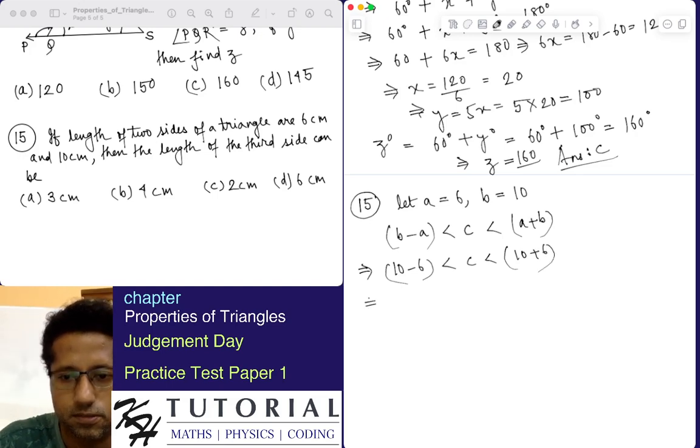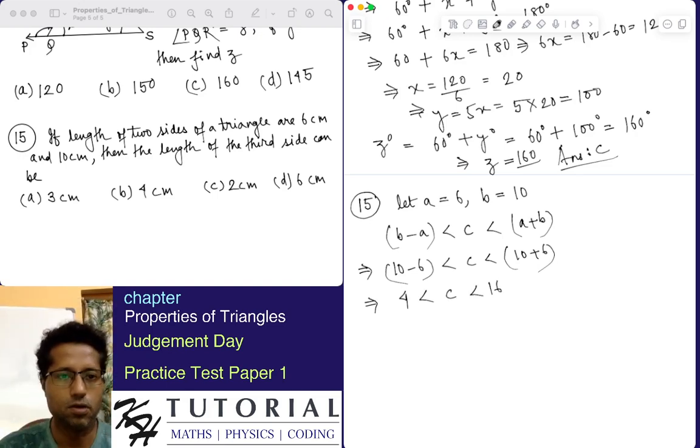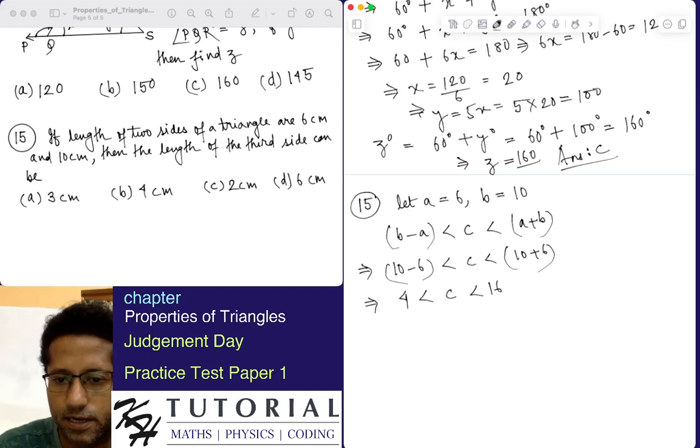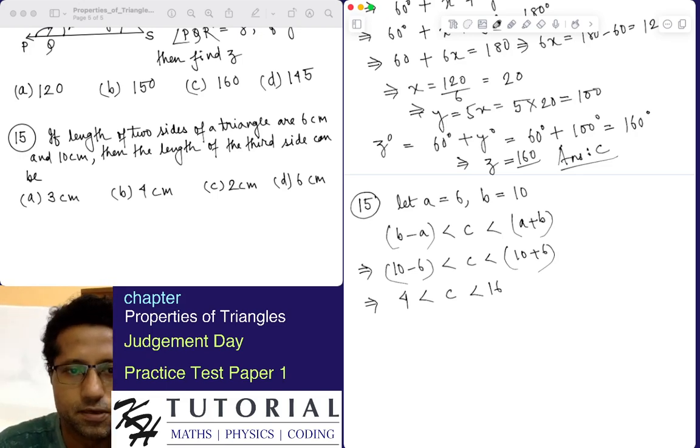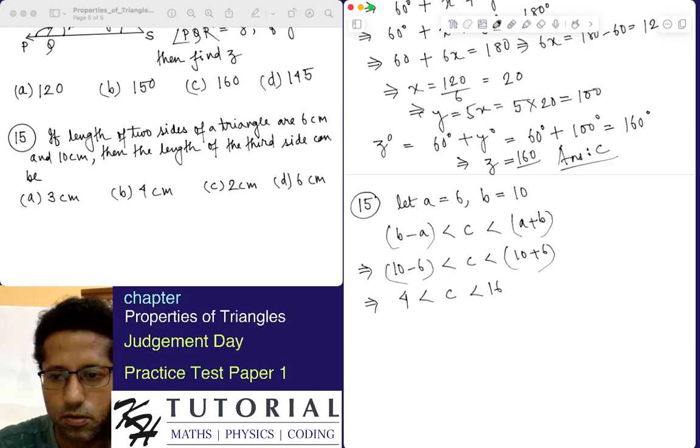So C is greater than 4 and less than 16. Now we have to check which value among the choices we can have for C. C will be greater than 4, so the only choice we can have is choice D, that is 6 centimeters. So this is D.